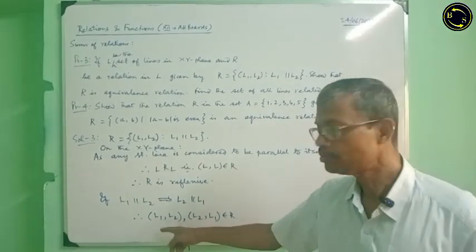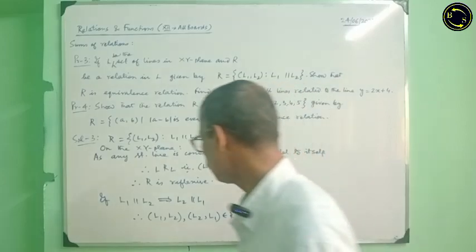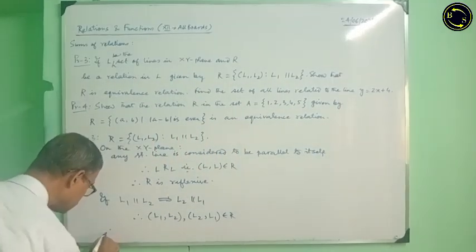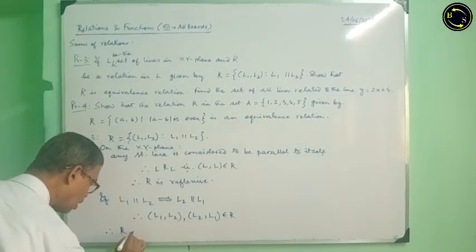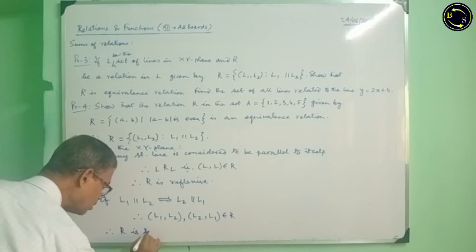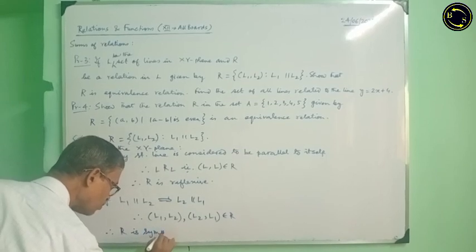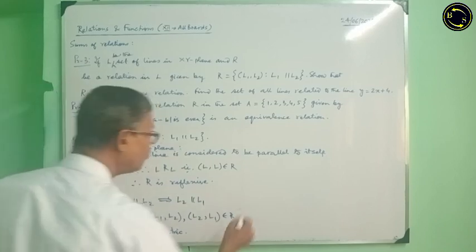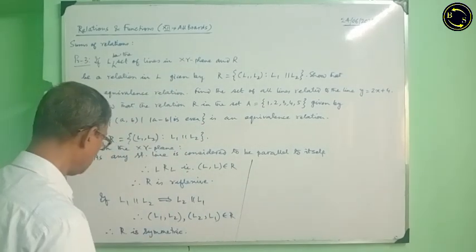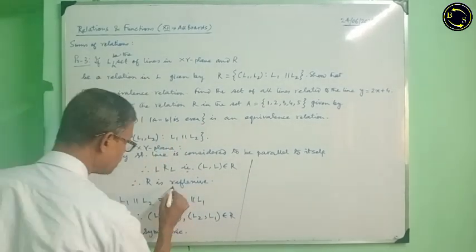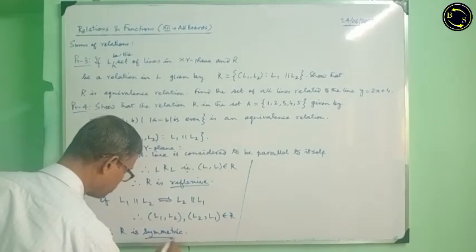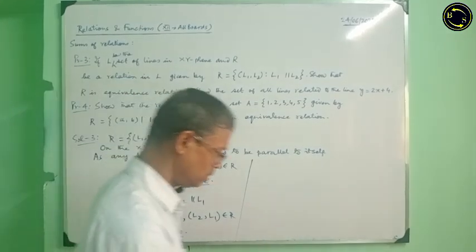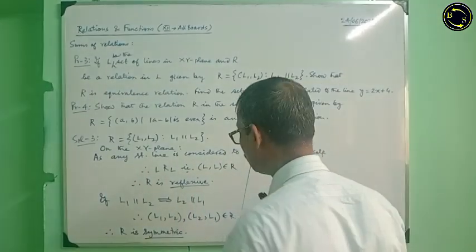We find it here also. Therefore, R is symmetric. Thus, we have shown R is reflexive, then symmetric, then transitivity.